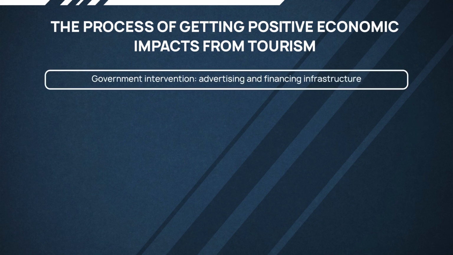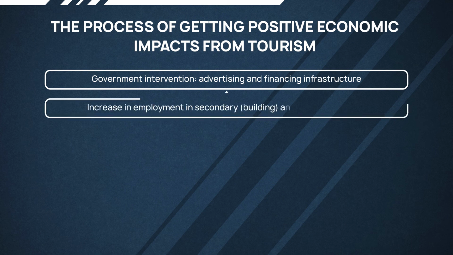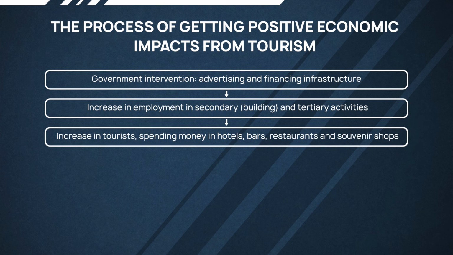It started by government intervention with advertising of a destination and financing infrastructure. Then it is followed by the increase in employment in secondary and tertiary activities. Next, there is an increase in tourists spending money in hotels, bars, restaurants and souvenir shops.